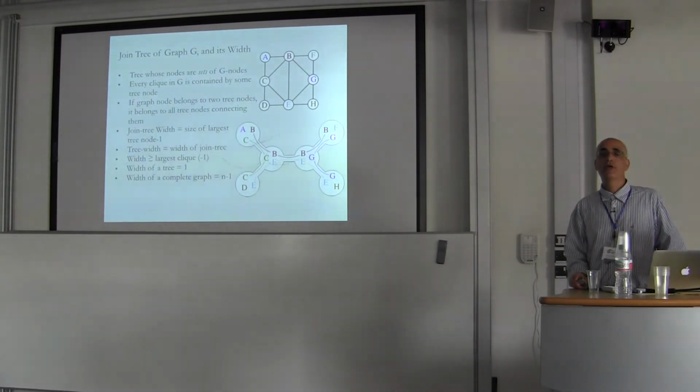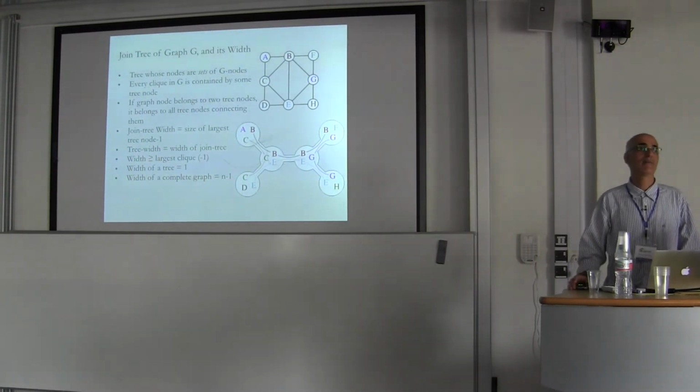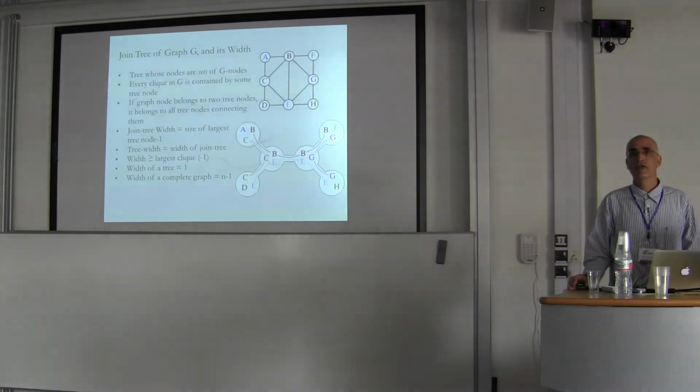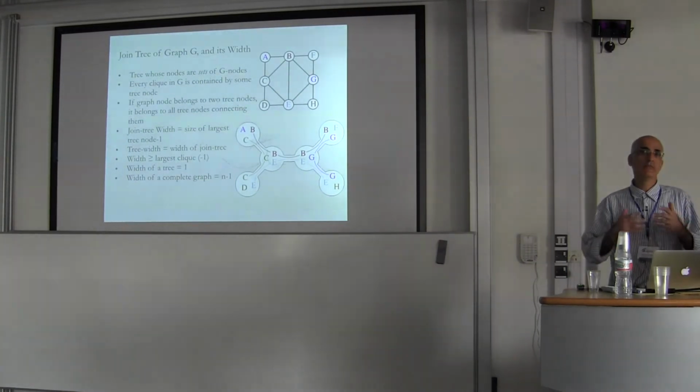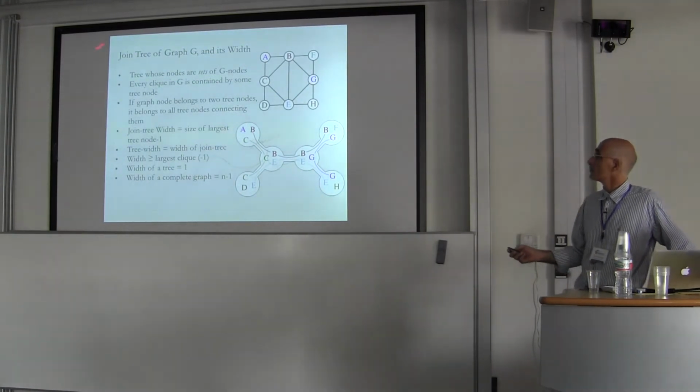You know that graph algorithms are often much easier when the graph is a tree. Many graph algorithms are linear time or lower polynomial if the graph is a tree. But what happens when we want to work with something which is not a tree? One way to do this is to generate a tree, and that's called the join tree of the graph.